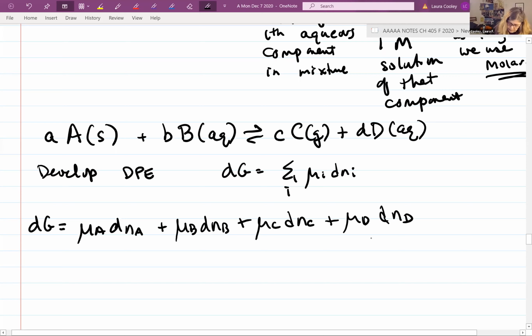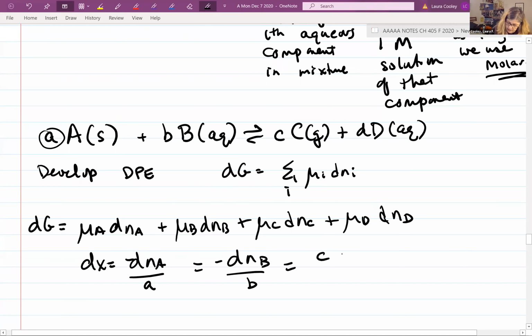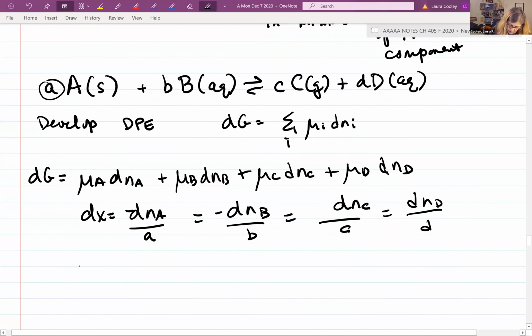Even the bit with the stoichiometric coefficients is the same. dx is dNA divided by the stoichiometric coefficient with a negative, so minus a dx is dNA, etc.